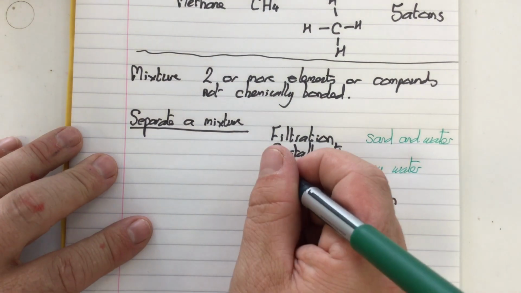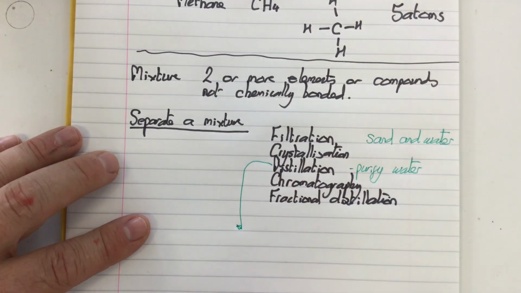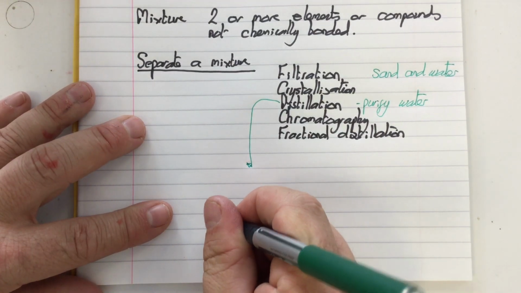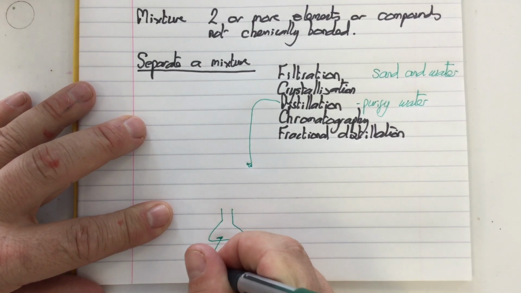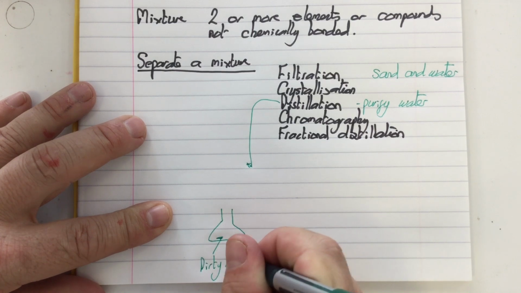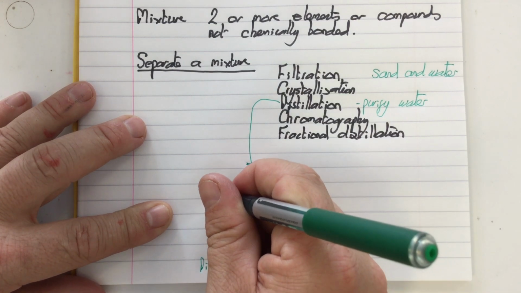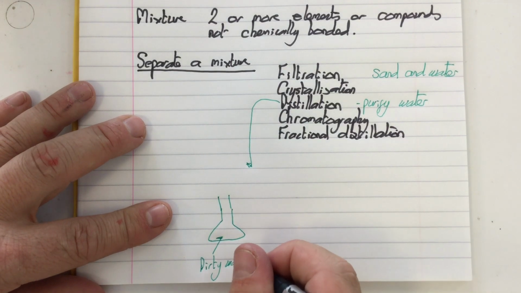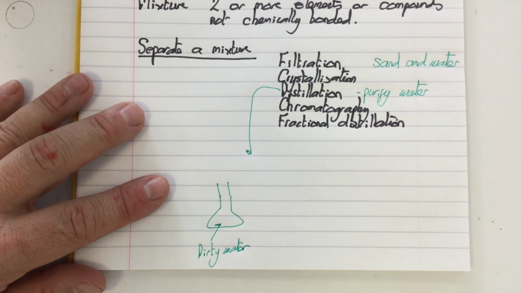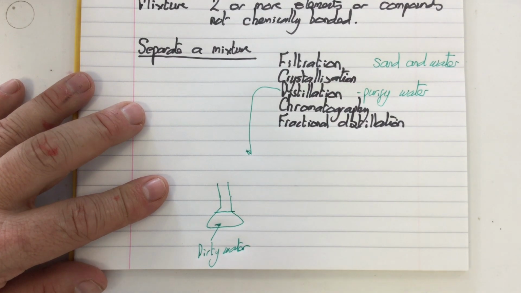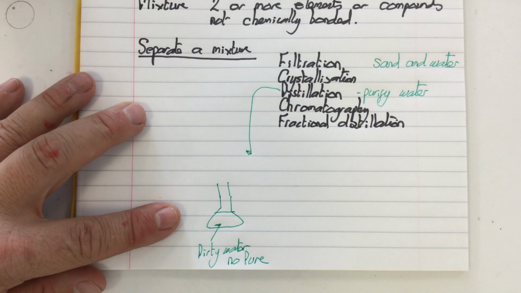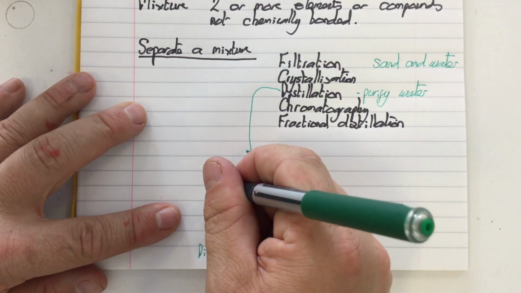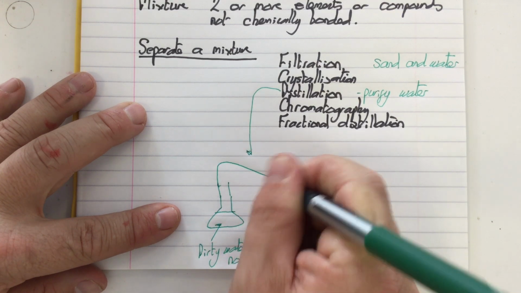So if I just make a little link to that one, if you've got in this conical flask here, you've got basically dirty water. What would you have to do to that dirty water to make pure water? So there's the dirty water. So it's not pure because it's got other things in it other than water. What would you do to it? So you could move it through the filter.